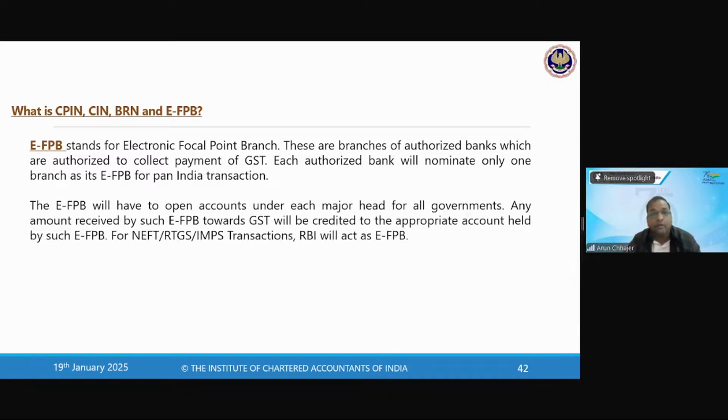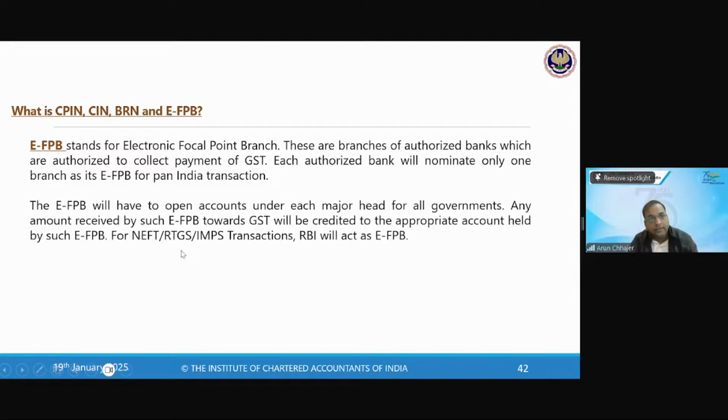Each authorized bank will nominate only one branch. EFPB will have to open an account under each major head and minor head of all the government. Any amount received will be credited to the appropriate account held by such EFPB. For NEFT, RTGS, IMPS, RBI will act as EFPB. These are the basic concepts.